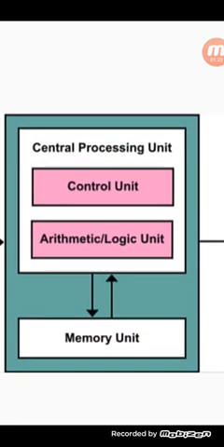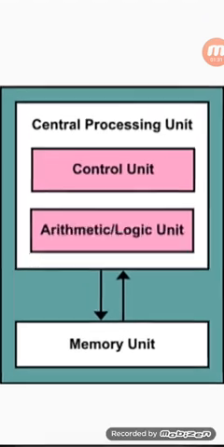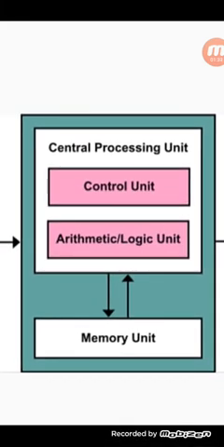Next we have the arithmetic logic unit, or ALU. It is an internal part of the processor, just like the control unit. The arithmetic unit is used to solve calculations like 1 plus 1 is equal to 2.